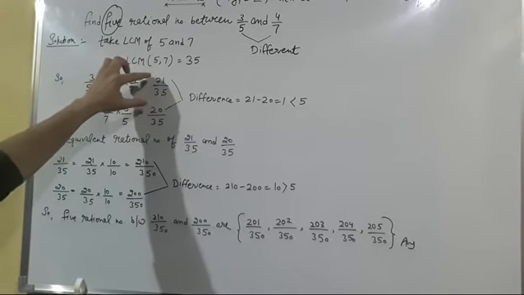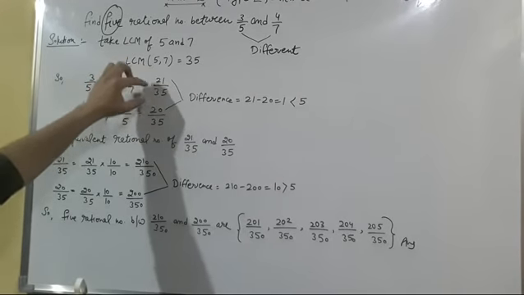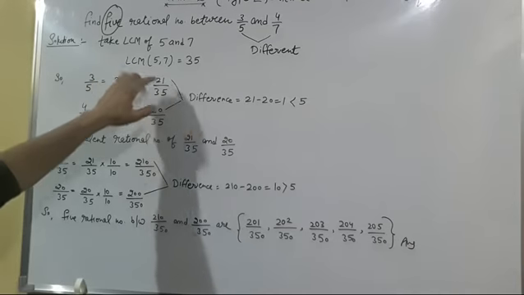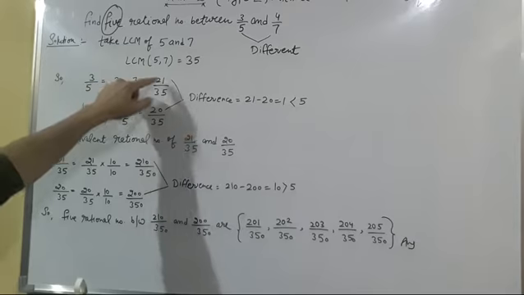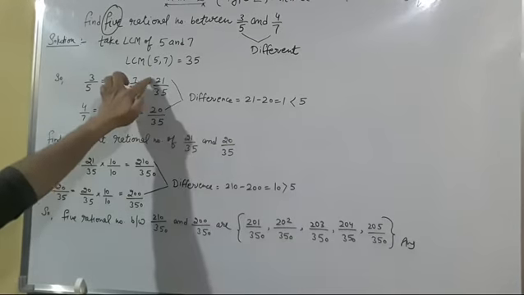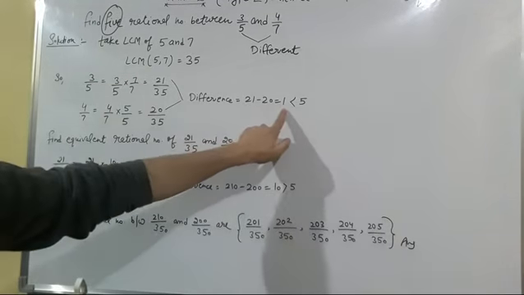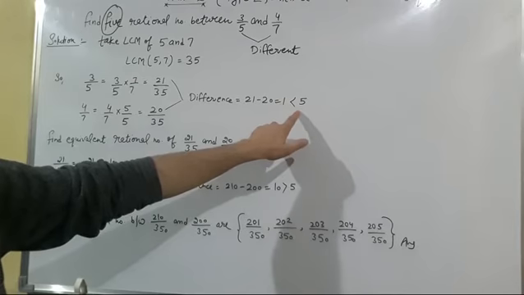So the difference of the numerators of the rational numbers should be greater than 5, and here in this case the difference is 21 minus 20 is equal to 1, and 1 is less than 5.